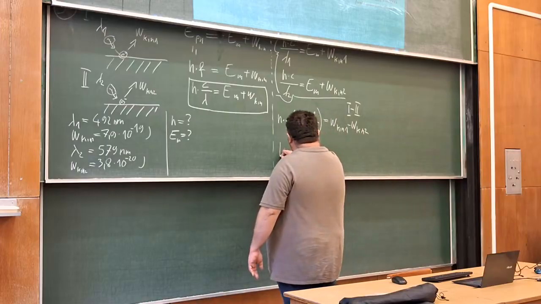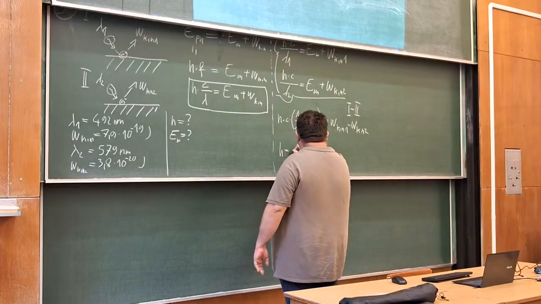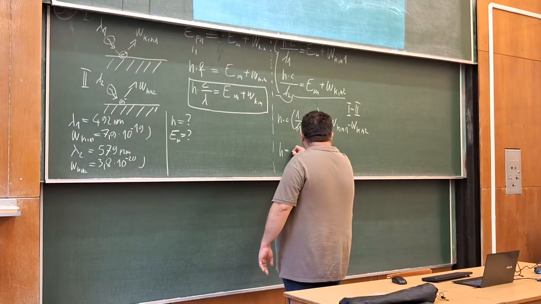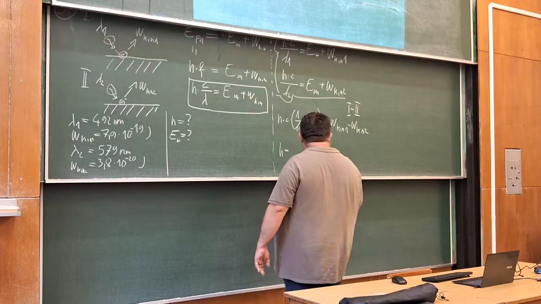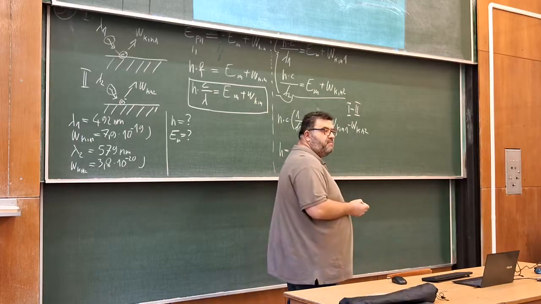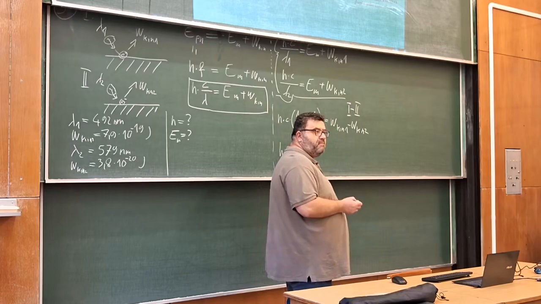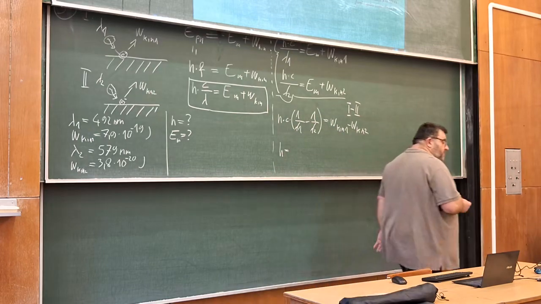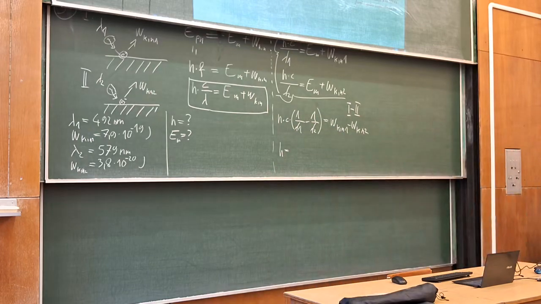So h is 6.626 times 10 to the minus 34. You have calculated it already? No, it is Planck's constant. You use the constant value?